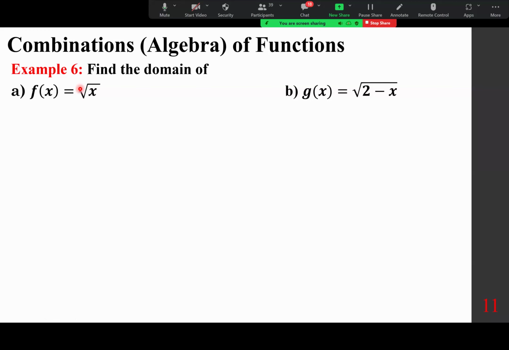That means root 2, right? Square root of x. What's underneath must be positive. So x must be greater than or equal to 0. And we write in this format, x is greater than or equal to 0, or interval format, 0 to infinity.